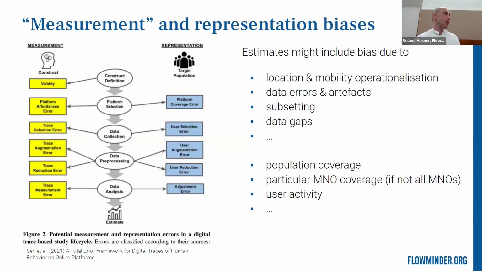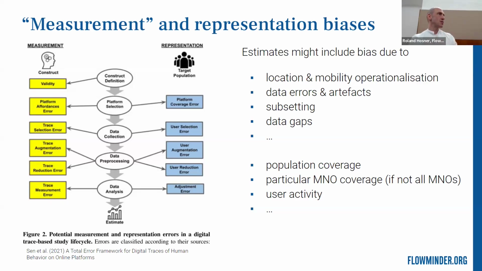So the biases that can occur happen on both the measurement and the representation side. I put measurement here in quotation marks because the data as they are collected, as they are constructed, are not meant to measure mobility or population. They are meant for billing. But the schema, I think, is still appropriate. So there can be errors due to how location and mobility is operationalized by Flowminder. It can be due to data errors or artifacts in the original data, for example, when a location of a cell is misplaced, which we also see sometimes.